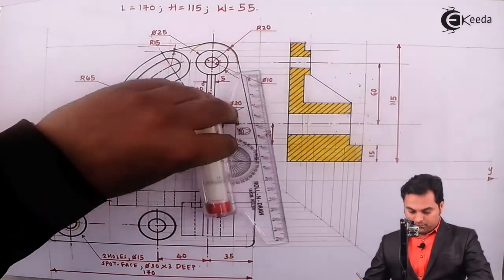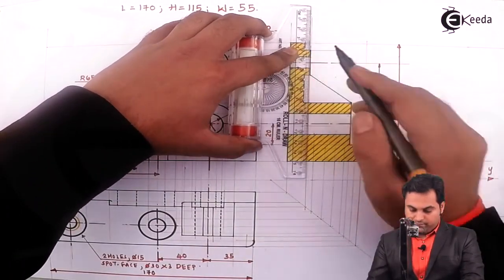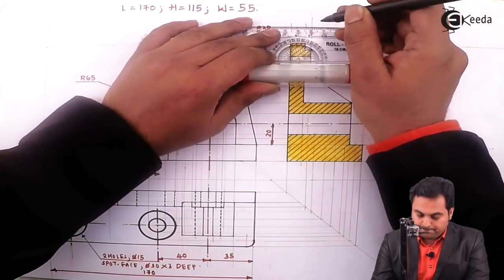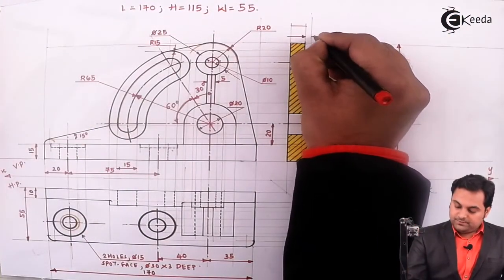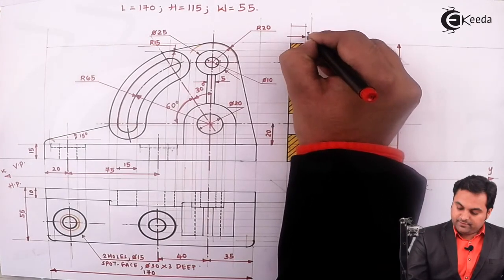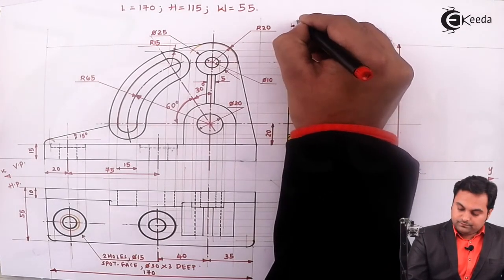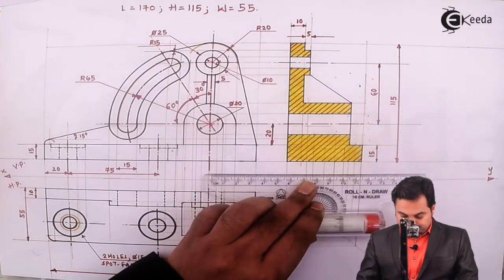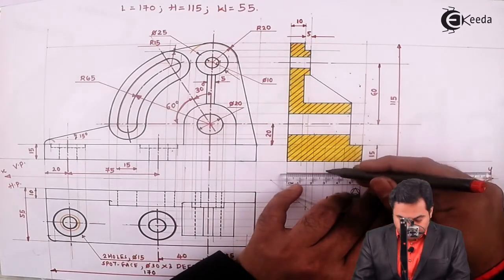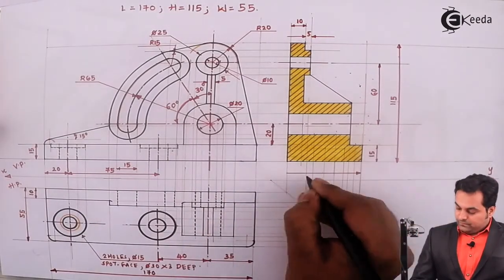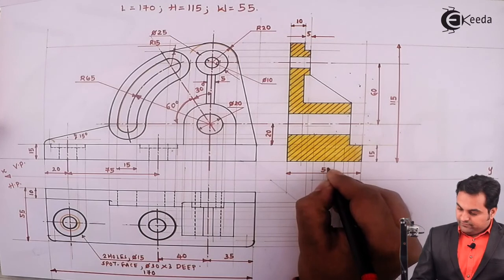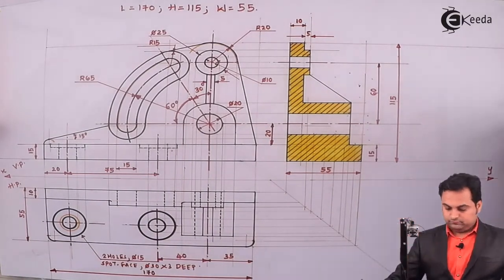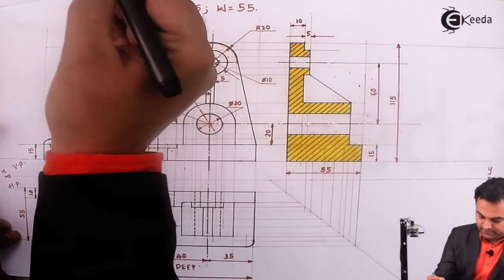Then after that, here this plate is ahead by 5 mm. This is having a width of 10. The total width 55 mm. This is the plain front view.